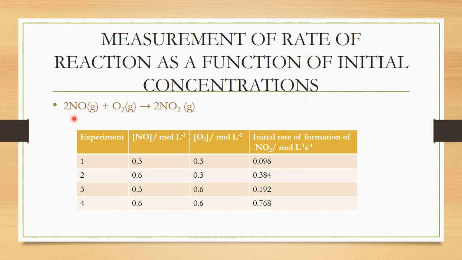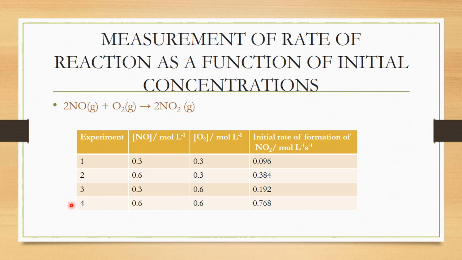Let us consider a reaction: 2NO plus O2 changes to 2NO2. We can measure the rate of this reaction as a function of initial concentrations, either by keeping the concentration of one of the reactants constant and changing the concentration of the other, or by changing the concentration of both the reactants.